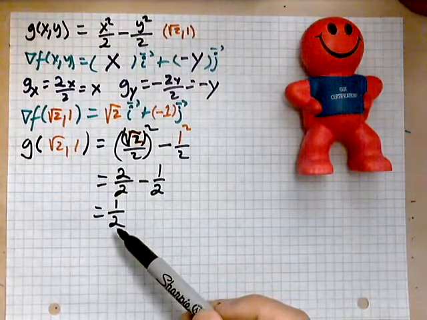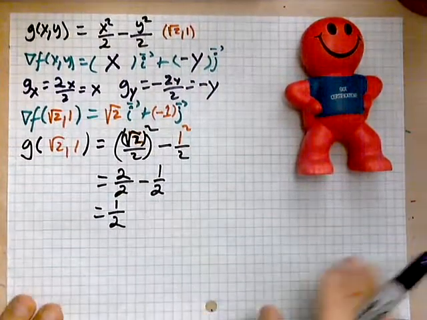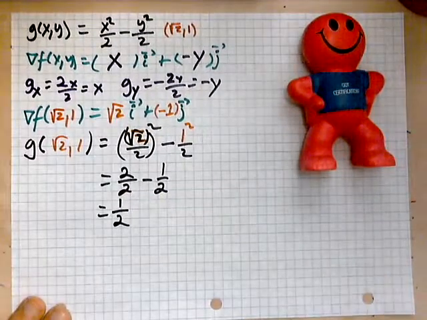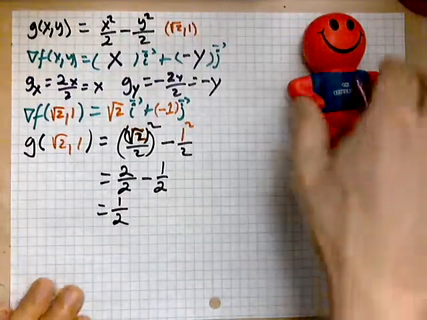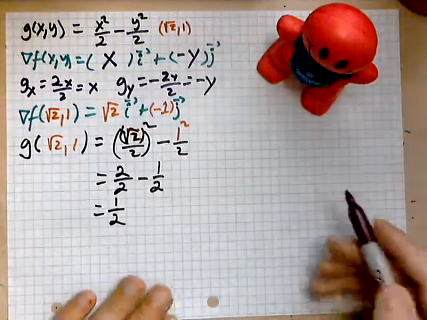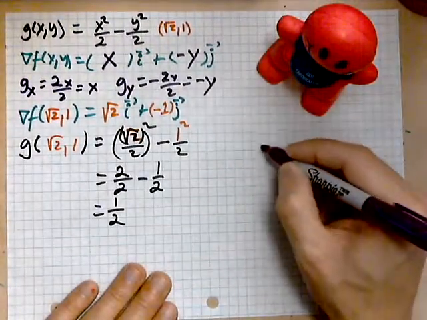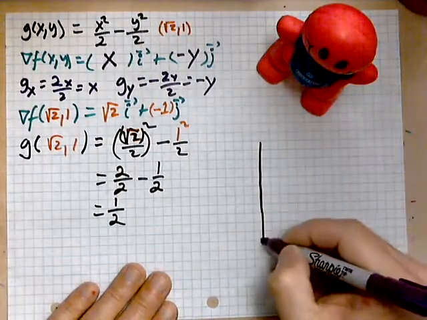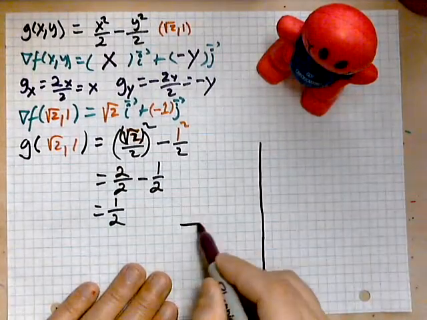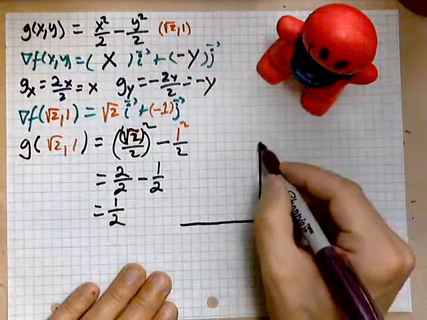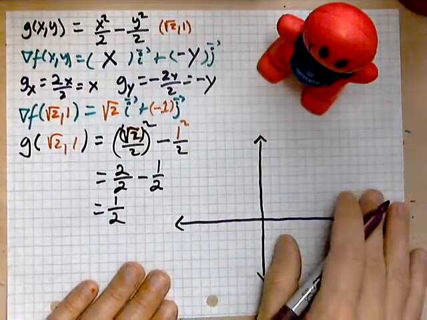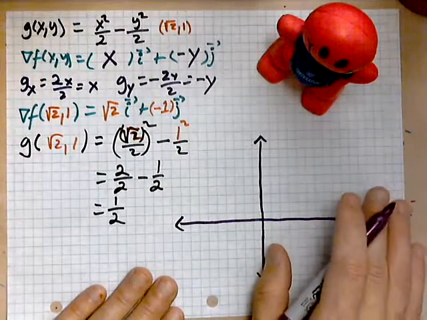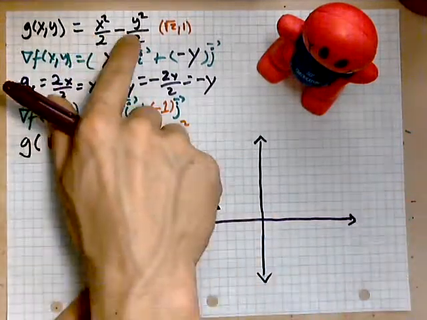That's the level curve. Now we're actually going to sketch the level curve. The way to do that is to construct a coordinate system. Once we have our coordinate system, sketch the level curve.